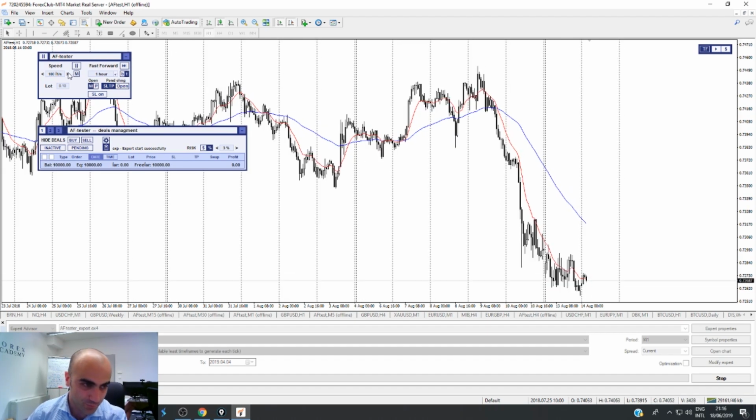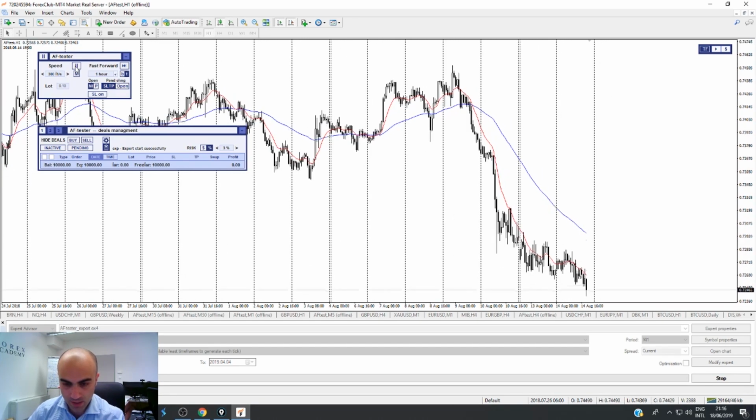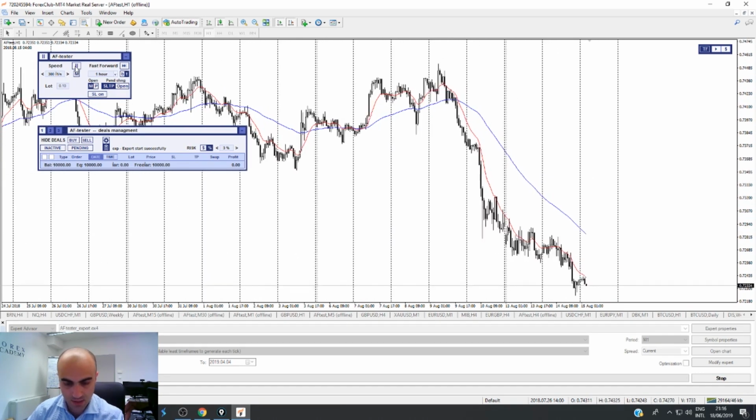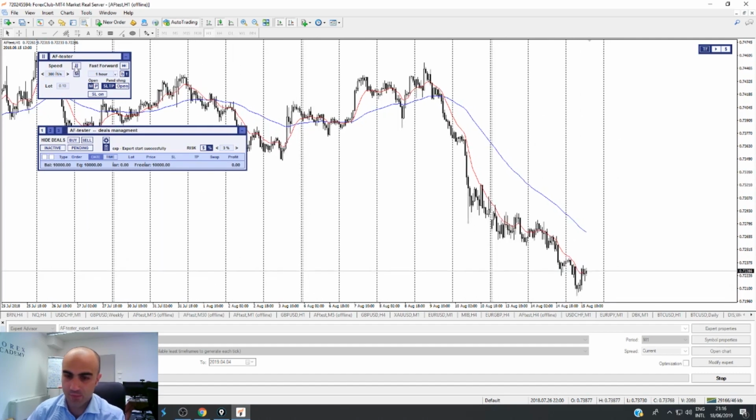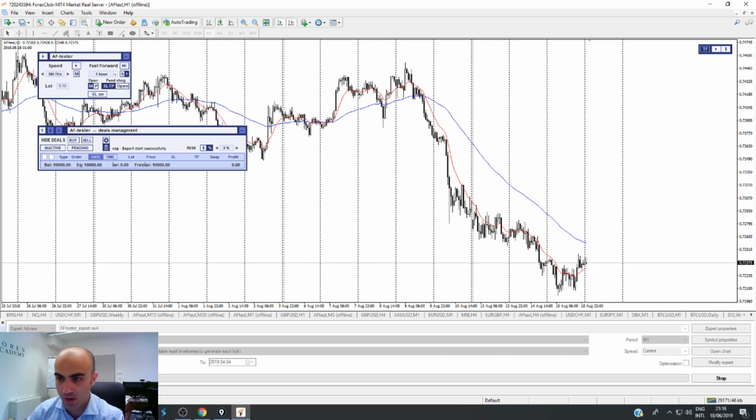Well, I want to show you that we can move it faster, so we can actually start seeking the pattern we want to see. We are trading at the moment on the 1 hour time frame, as you can see over here, and we are trading Australian dollar USD. So this is the currency pair that I picked for this example.